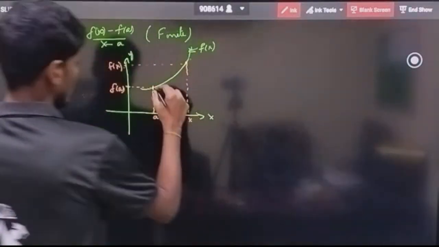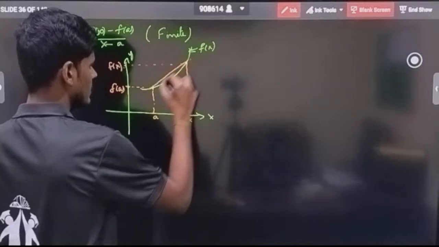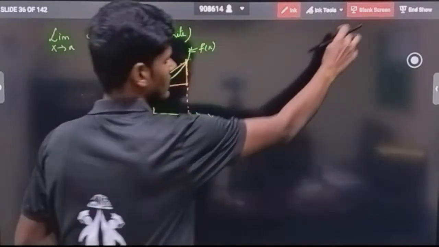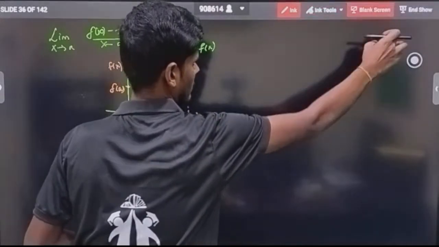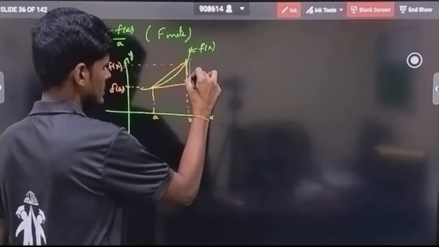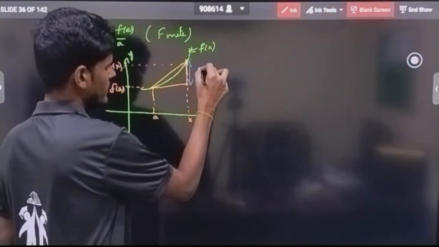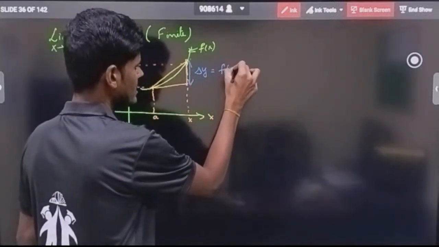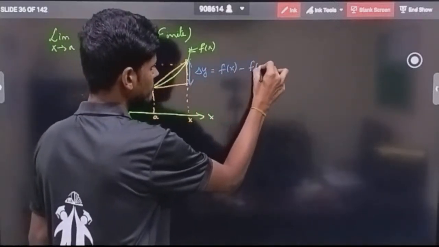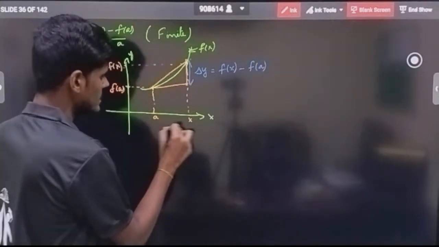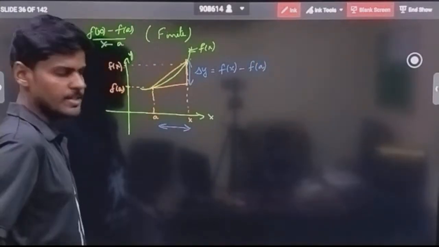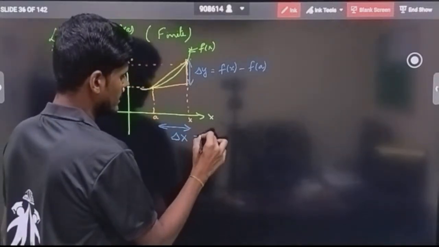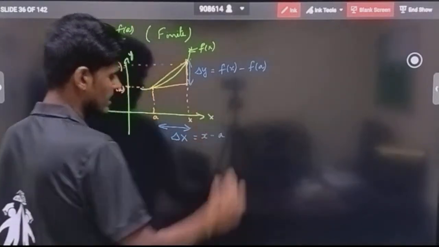If we draw a triangle, this value is nothing but the difference in y, del y, which is f of x minus f of a. And this distance denotes the difference in x, del x, which is nothing but x minus a.